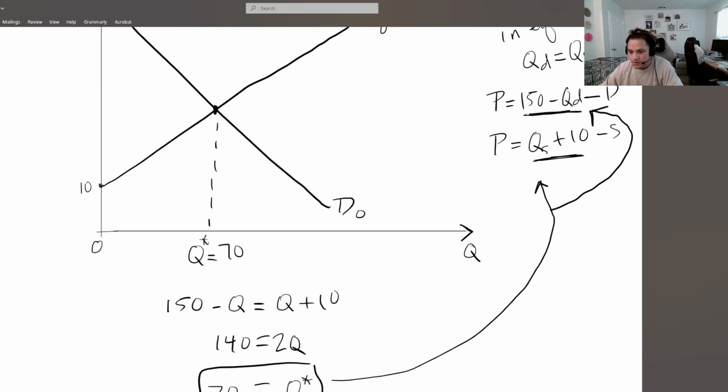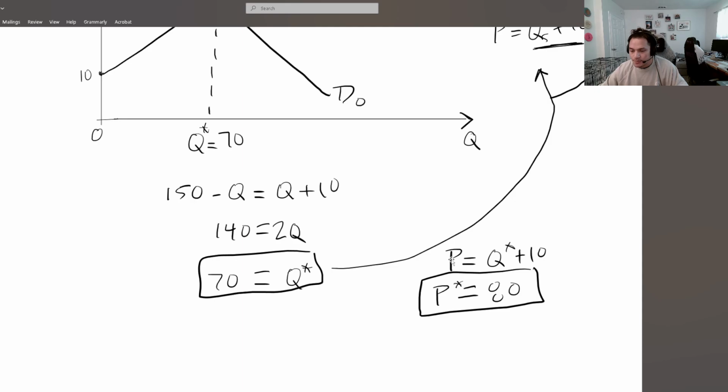So I'll plug my Q star back in, and I get P equals Q star plus 10, P star equals 80. Very neat.